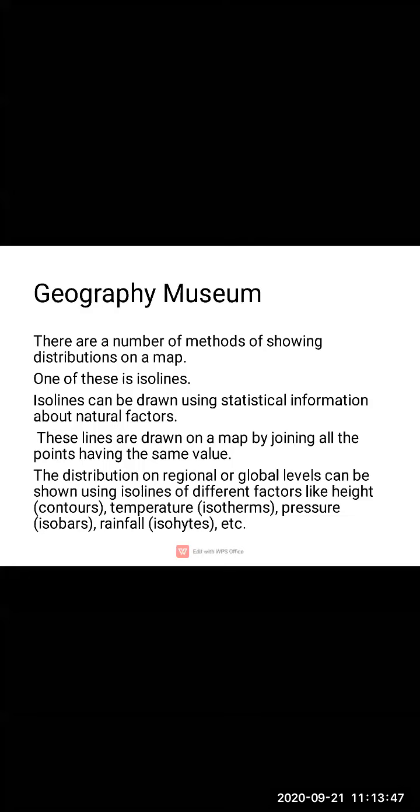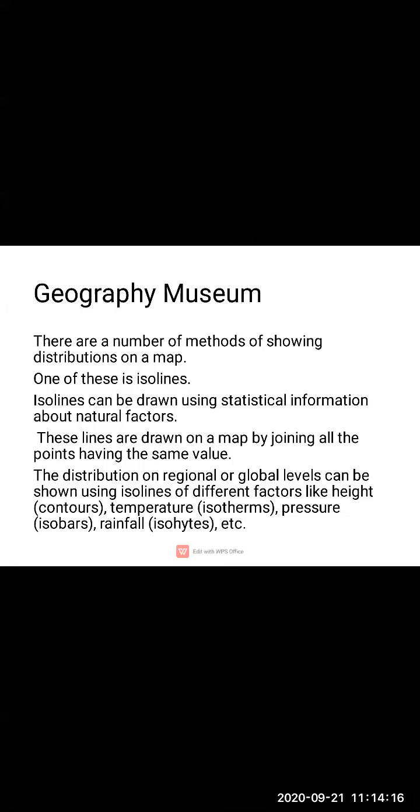Children, the distribution on regional or global level. Regional means a small region, and global level means when we are discussing various countries. The distribution at regional or global levels can be shown using isolines of different factors such as height, contour lines. We have studied contour lines in 5th standard, children, right?